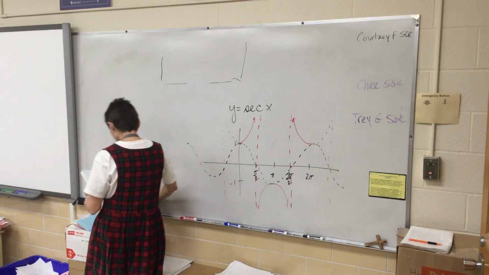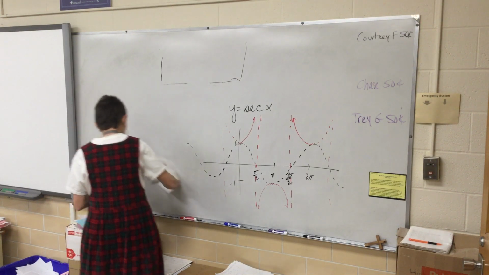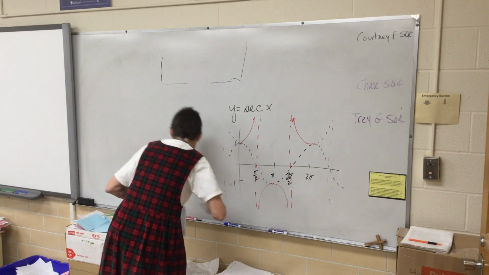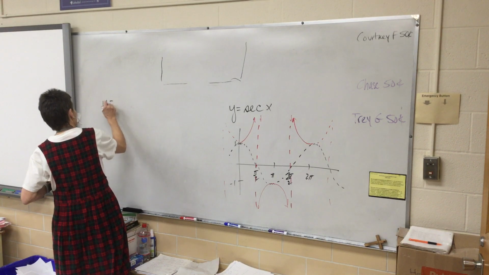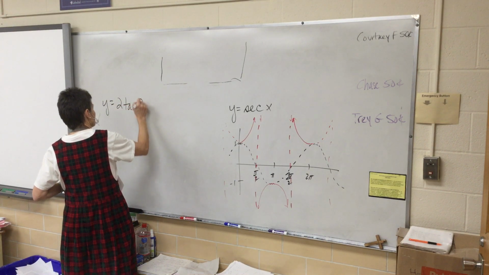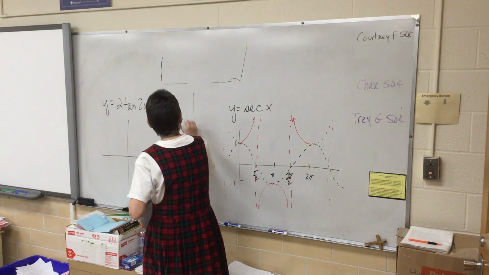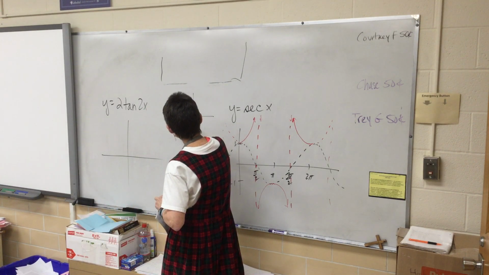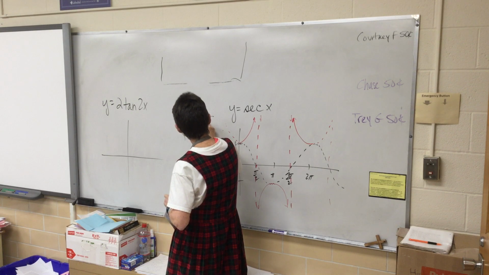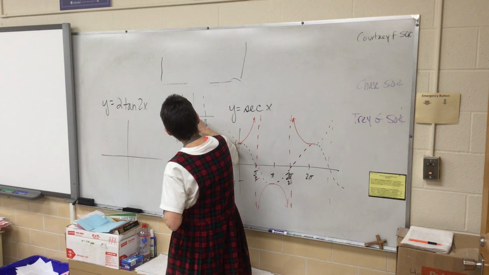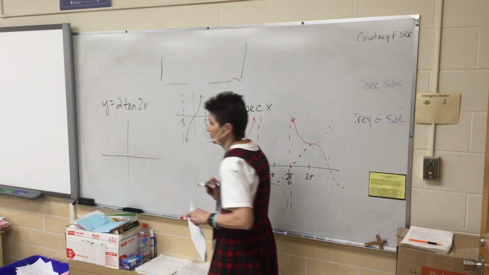All right, so let's try 2 tan 2x. Now, just to help myself out, I'm going to go ahead and sketch my regular tangent over here. I need to remember that this is what a regular tangent does.